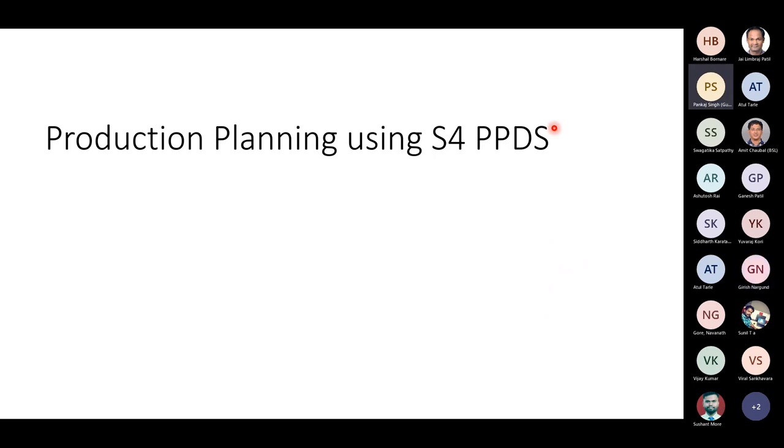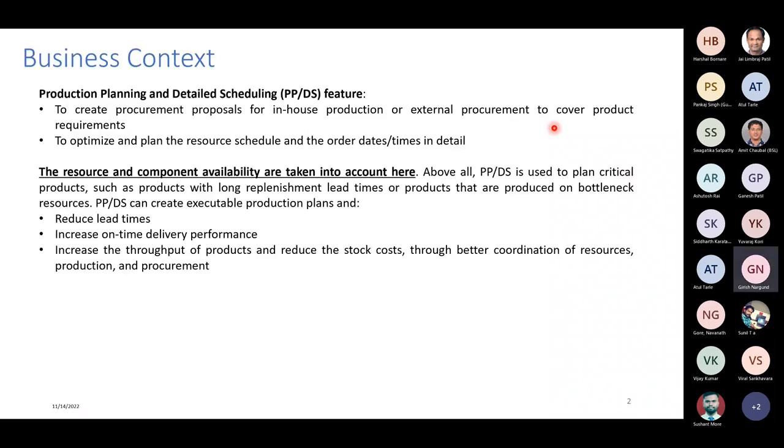Manufacturing aspects. Okay, good. Anybody else? And of course, planning. Yeah, it is meant to meet our customer demand on time, and we should properly utilize our resources. Okay, good.